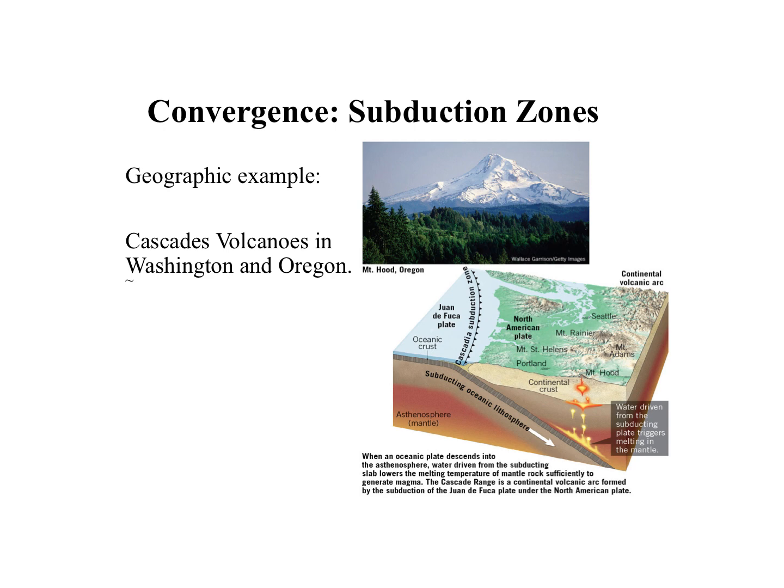So a geographic example of a place where we have a subduction zone that involves an ocean plate and a continental plate is along the west coast of the United States up along Oregon and Washington. So these are the Cascade volcanoes. This is a photograph of Mount Hood, but in this drawing down here, we have that same subduction zone we were looking at before, drawn more specifically to be the way we see this expression in the Cascades.